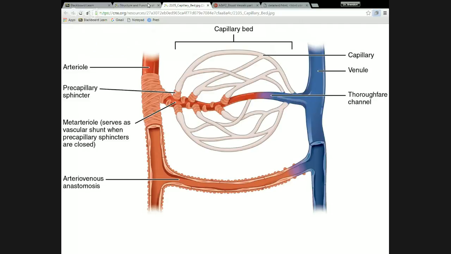Now, the precapillary sphincters in this picture are only shown in certain locations. They're not around every single junction with the capillary and the thoroughfare channel. And that's simply because of the direction of blood flow. As blood flows from the metarteriole into the capillary bed, it's going to flow into the capillaries that have the sphincters on them.